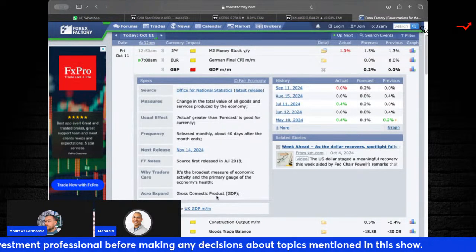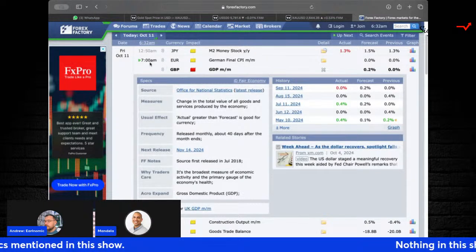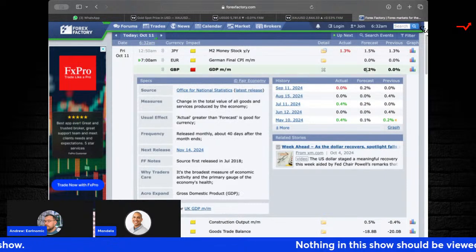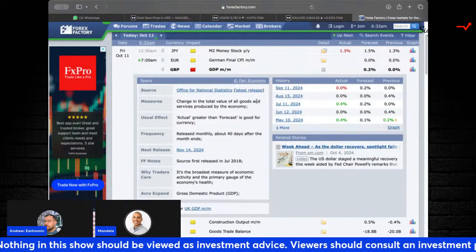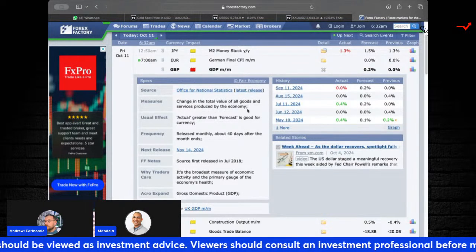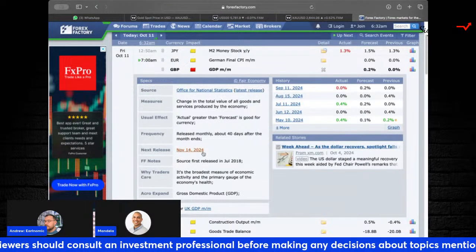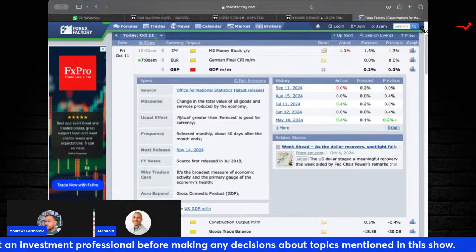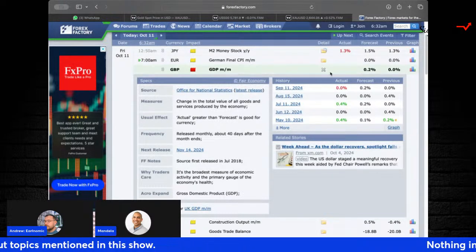GDP is coming this morning out of London, 7 a.m. London time. The expectation is for a 0.2% increase. It's the change in the total value of all goods and services produced by the economy, so it basically gives you an idea of how the economy is doing. Generally speaking, if it's higher than expected or greater than forecast, it's usually good for the currency, so good for the pound.